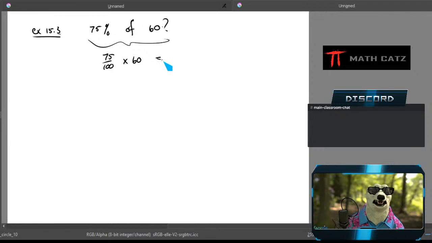Calculate that. It's probably as easy as it gets with a calculator. 75 divided by 100 times 60. Get rid of that line. And it's 45 pieces of candy or whatever unit I'm working in with this 60.